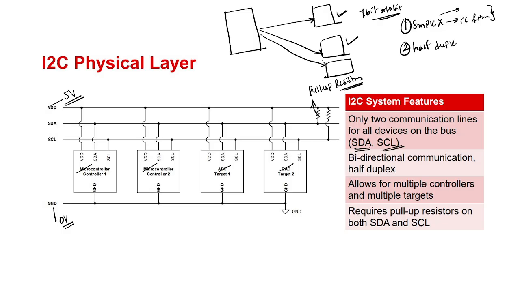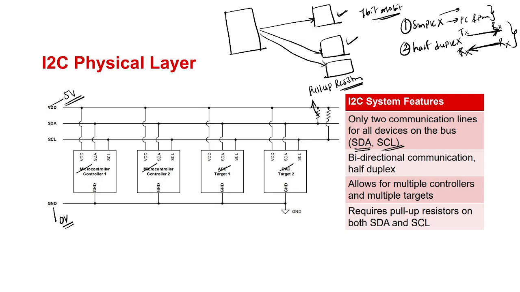Next you have half duplex. Half duplex means two-way communication, from transmitter to receiver or from receiver to transmitter, but at a time either transmission can happen or reception can happen. Like a walkie-talkie used by traffic police: one police officer speaks, and after that the other person can speak.